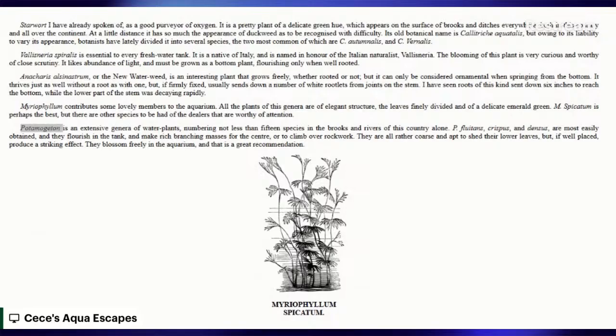P. fluitans, crispus, and densus. P. fluitans, crispus, and densus are most easily obtained, and they flourish in the tank and make rich branching masses for the center or to climb over rockwork. They are all rather coarse and apt to shed their lower leaves, but if well placed, produce a striking effect. They blossom freely in the aquarium, and that is a great recommendation.